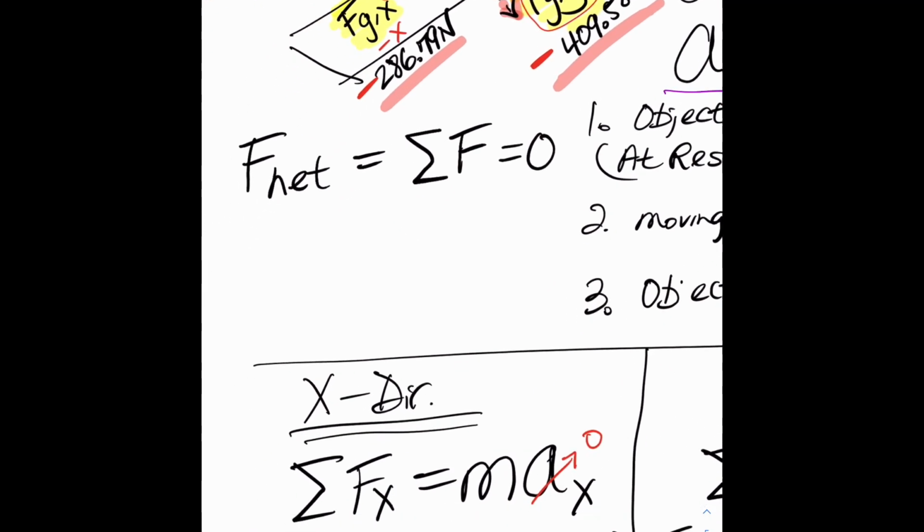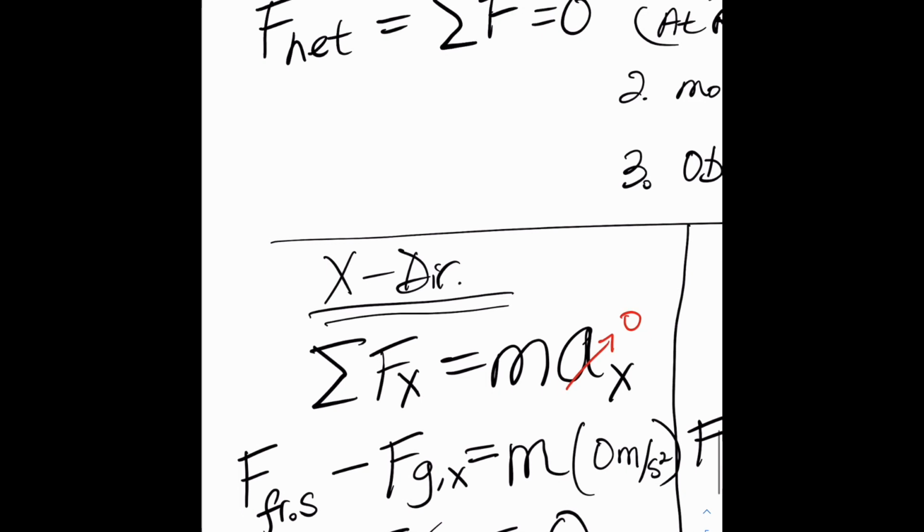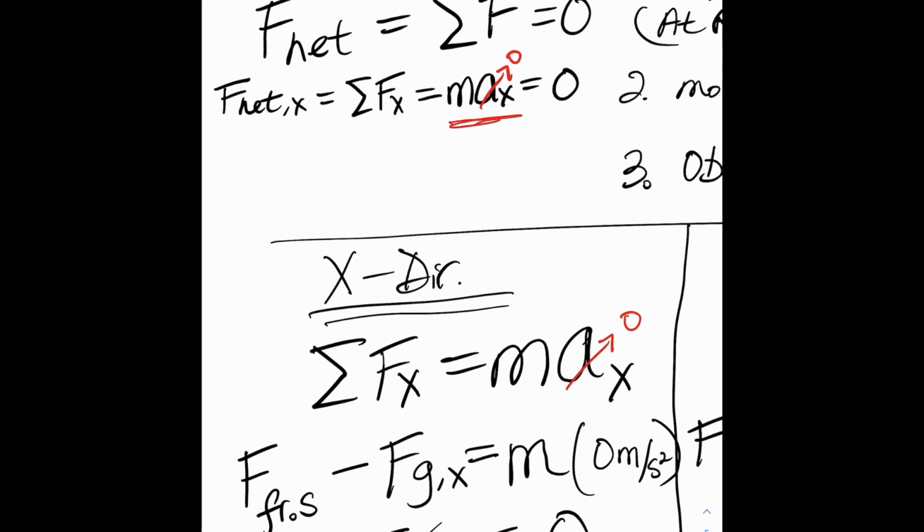So for an object in equilibrium, here's what's true. F net in the x direction is equal to the sum of the forces in the x direction, which is equal to max, which is equal to 0. And that makes sense because think about it. Ax is 0. So if this is 0, 0 times m, then everything else is 0.